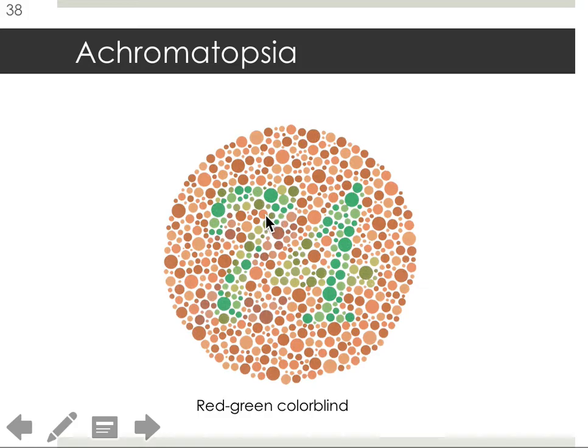But most people can see that this is the green color 74 on a red background, right? If you're red-green colorblind, which just means that you're lacking the cone cells responsible for the red-green differentiation, then you would not be able to see these numbers.